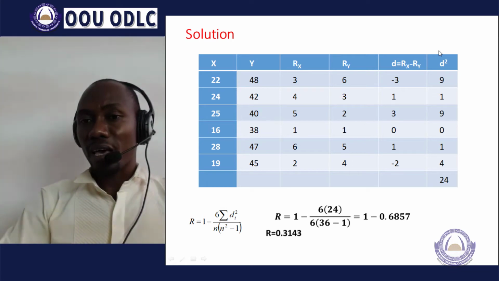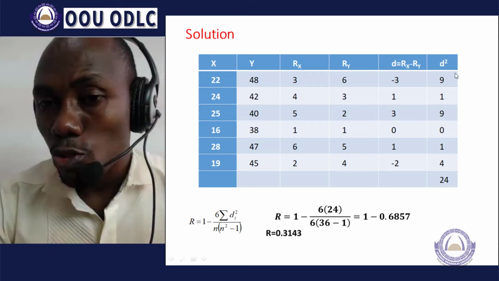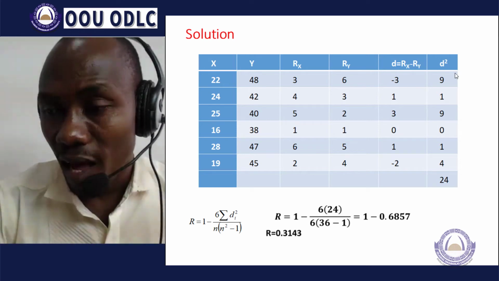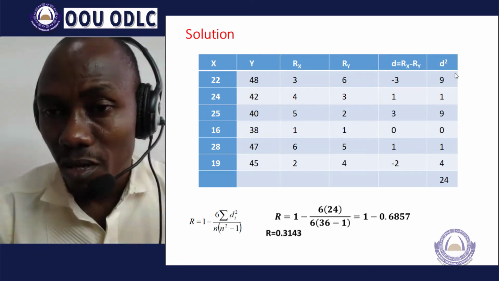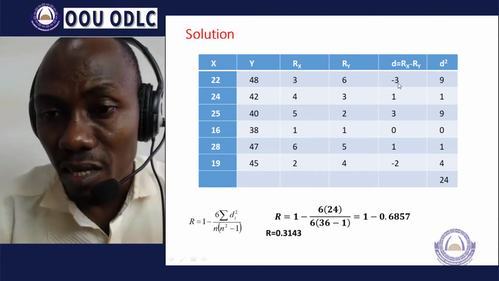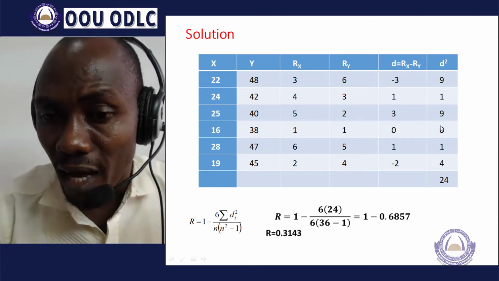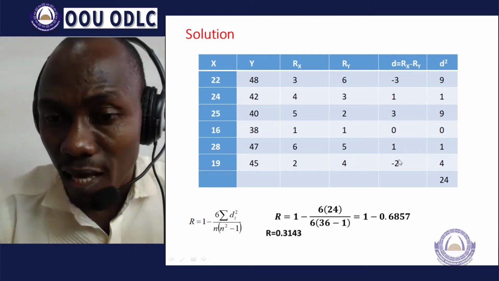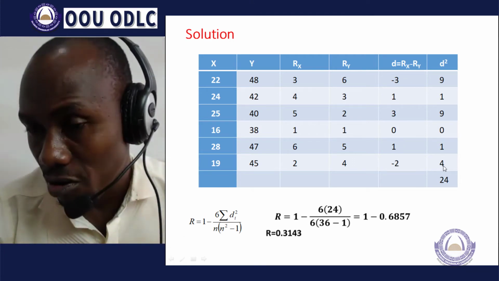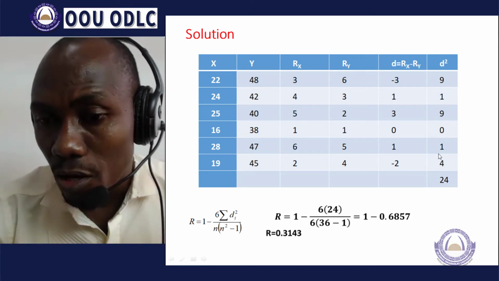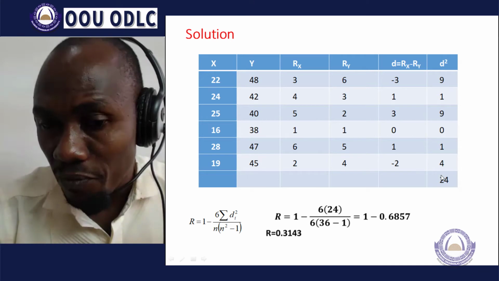In the last column, we obtain the square of the difference obtained in the previous column. The square of minus 3 is 9. The square of 1 is 1. And this is obtained for the last observation, which is the square of minus 2, which is 4. We then obtain the summation of these squares to be 24.